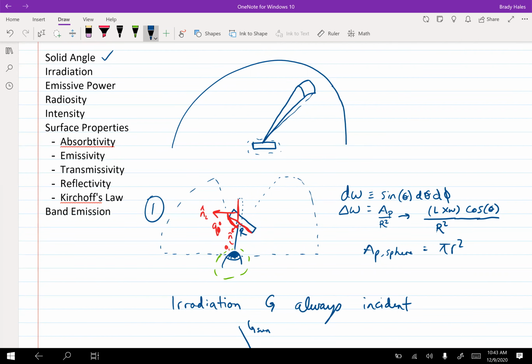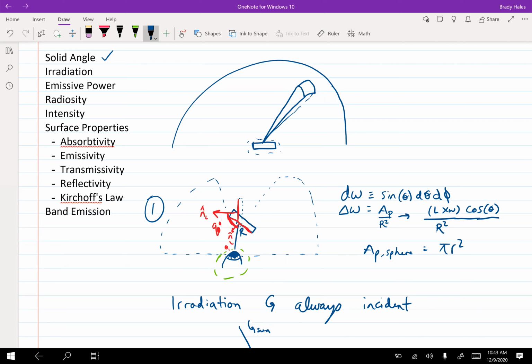Irradiation is always incident, whether that's light from the computer screen, electromagnetic radiation from the sun hitting your absorber plate, or some sort of furnace emitting radiation that's incident on the detector. Whatever is incident, that is irradiation.